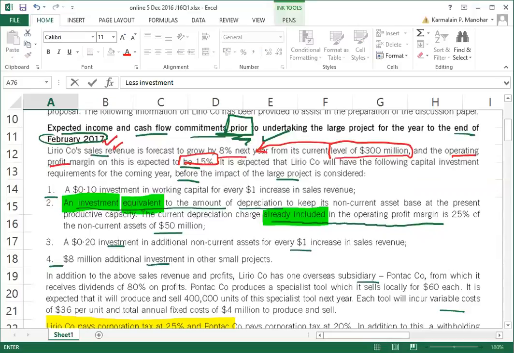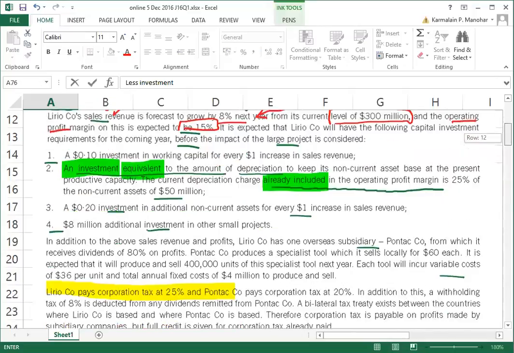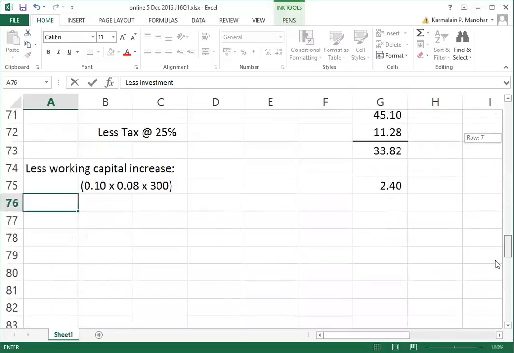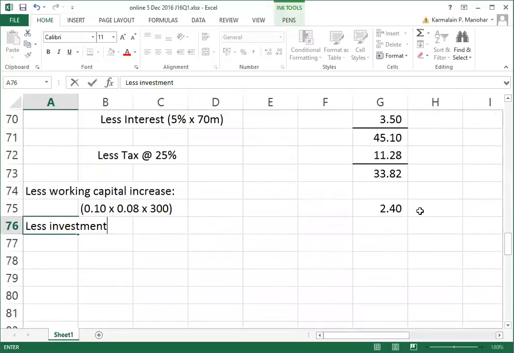Item 3, additional non-current assets. Very good. NCA, what is it? 20 cents for every dollar increase in sales again. Well, let's run it again in case we didn't calculate the 24, which I didn't do. I used the long thing. That's investment in NCA.